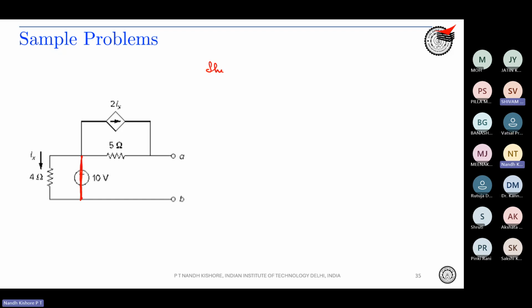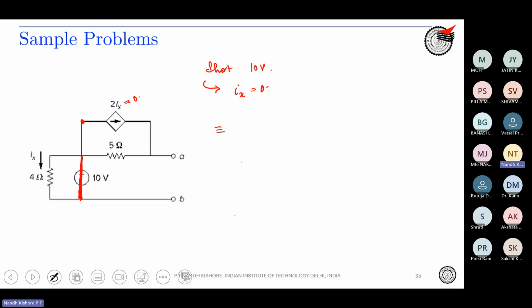No. First you short the 10 volt source. Therefore, the entire current will flow through the shorted path. No current will flow through the 4 ohm resistor, so Ix is basically 0. Since Ix is 0, 2Ix is also equal to 0, which means the current source is basically open.